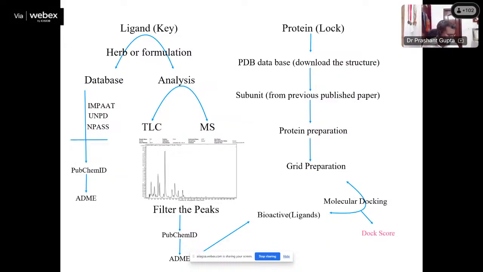Thanks to our neighbors, they have developed very good databases, and our own country's IMPPAT is a very good database now, where we can just type our botanical name, in fact the Ayurveda name of a herb, and they will give you n number of phytoconstituents. The big problem is that whatever has been reported from any geographical area for that herb would be given in that database.